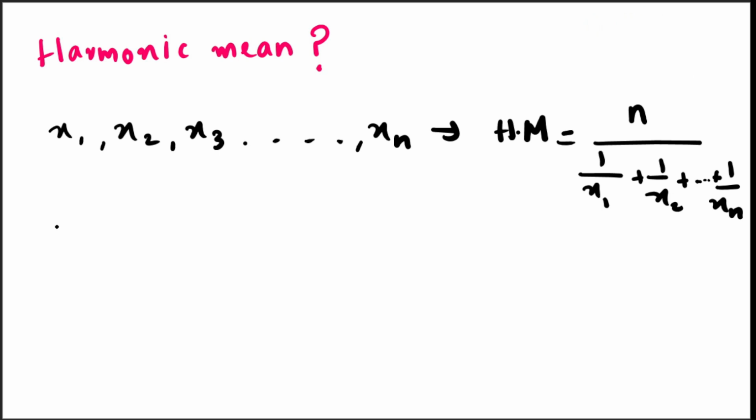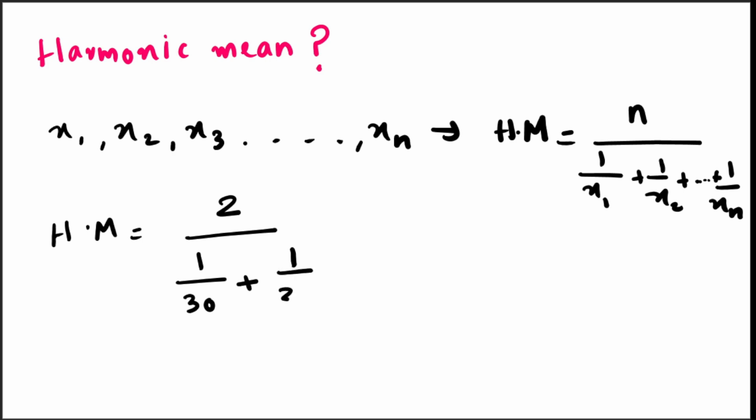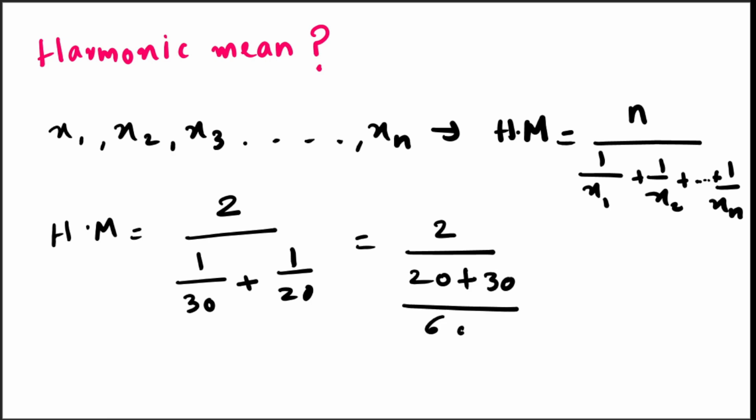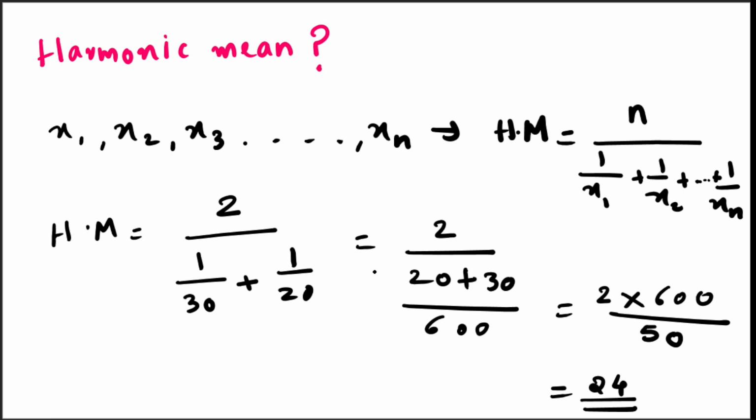So finding the harmonic mean of these two velocities, we get 2, because there are two numbers, divided by (1 by 30 plus 1 by 20), which is 2 by (20 plus 30) by 600, equal to 2 into 600 divided by 50. Then the answer will be 24, right? So that is harmonic mean.